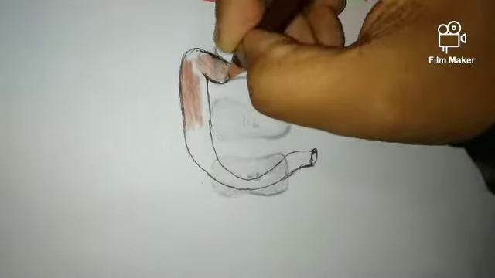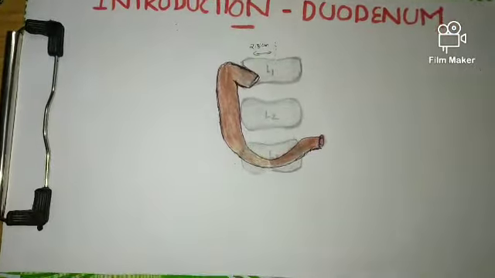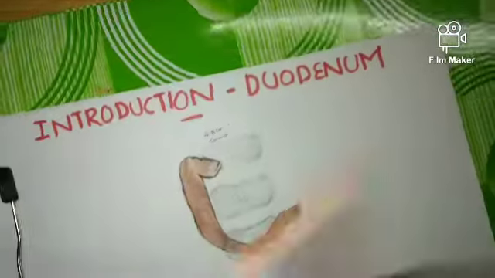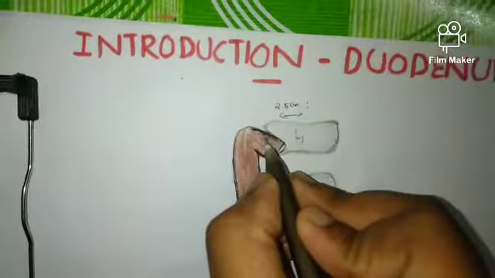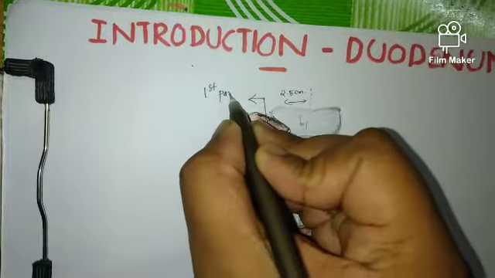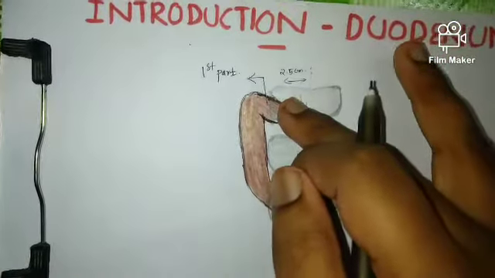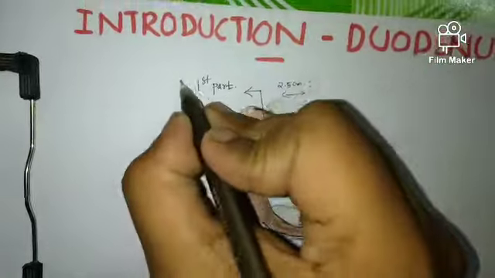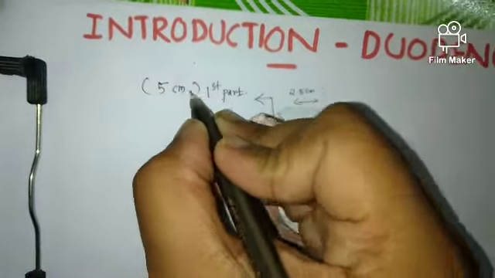This is the duodenum. I am going to mark each part. This is the first part, otherwise called the superior part, which is about 5 centimeter long.